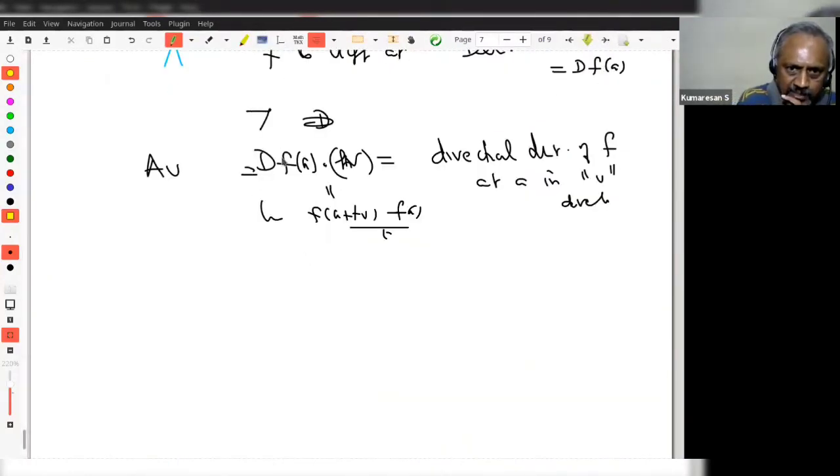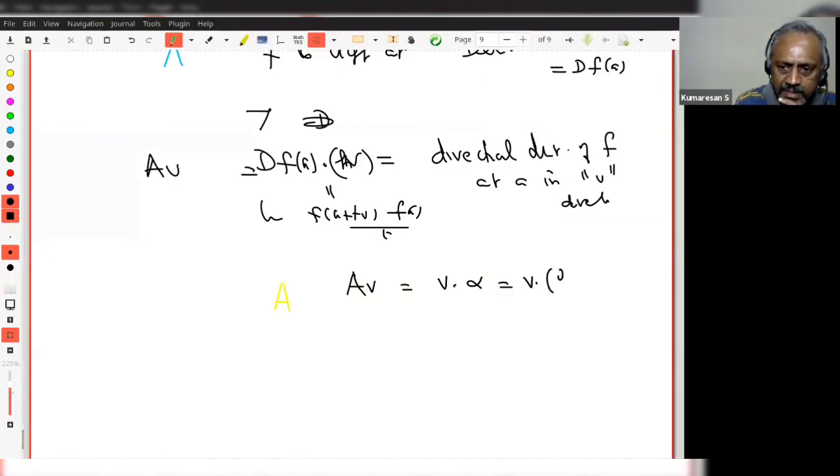Therefore, this is nothing other than v dot alpha. And what is alpha? That is the gradient, del f by del x1 at a, up to del f by del xn at a. You understand? So what do I want? This is the rate of change of f in the direction of v at a, given by this number.